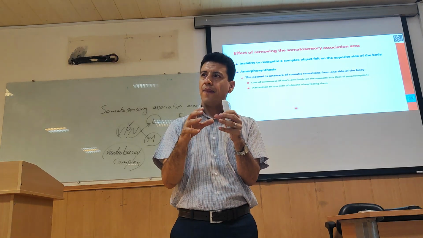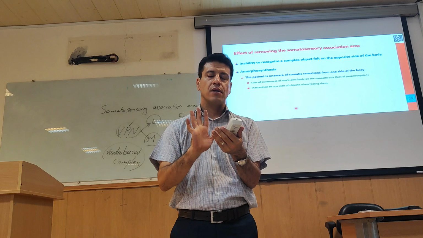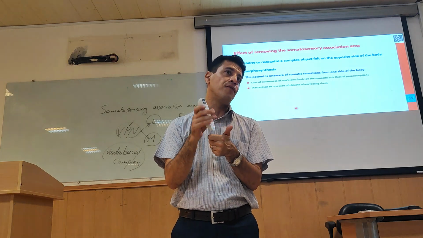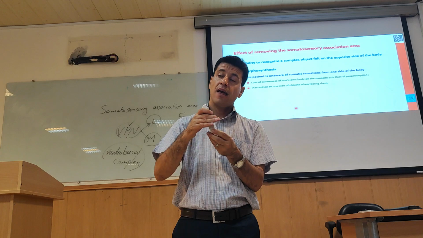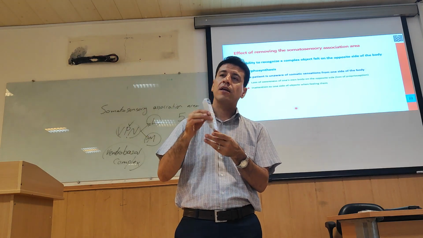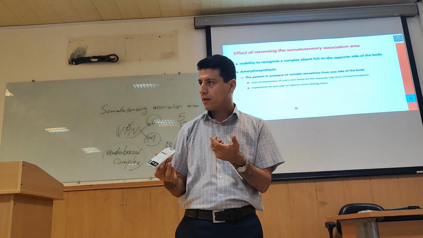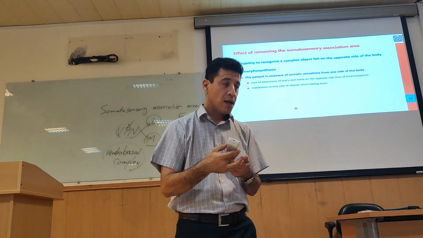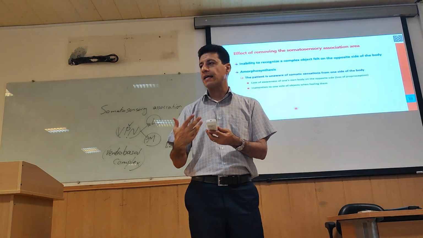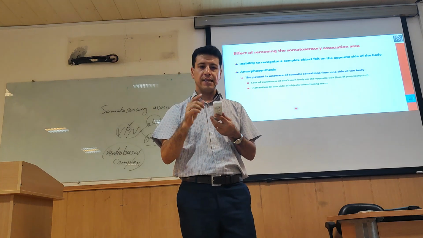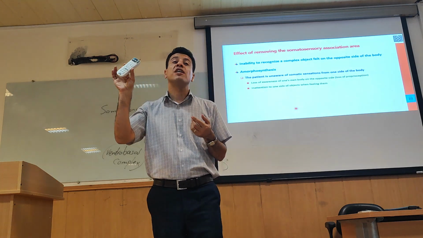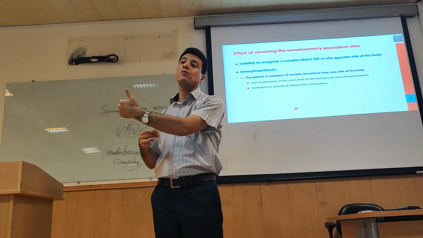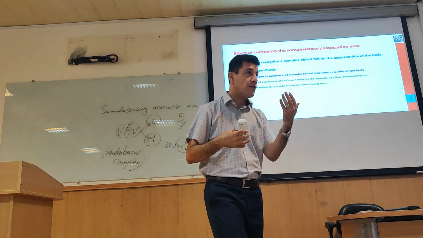After this integration, we are able to recognize the shape and form of the object, and after that we can recognize the object itself and say its name. So basic features are extracted in somatosensory area 1, but the object itself is recognized in the association area, areas 5 and 7.